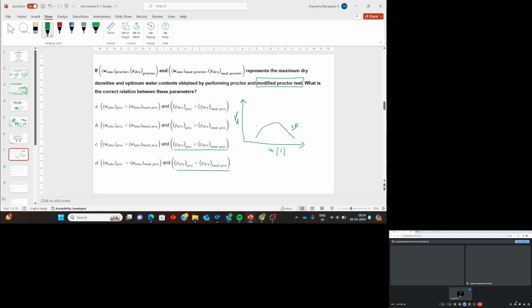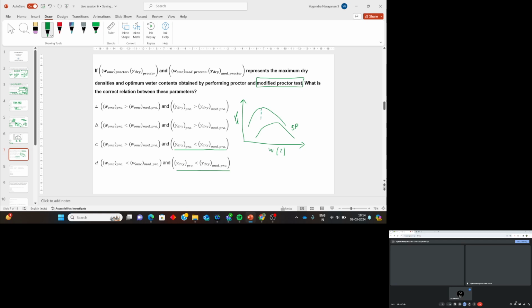How will modified Proctor shift? Modified means you will be applying more energy, so the dry unit weight will increase, and this curve will shift left upwards.